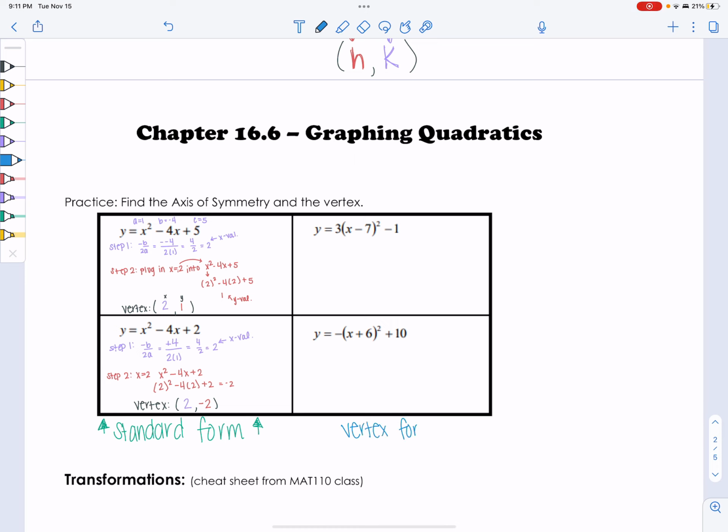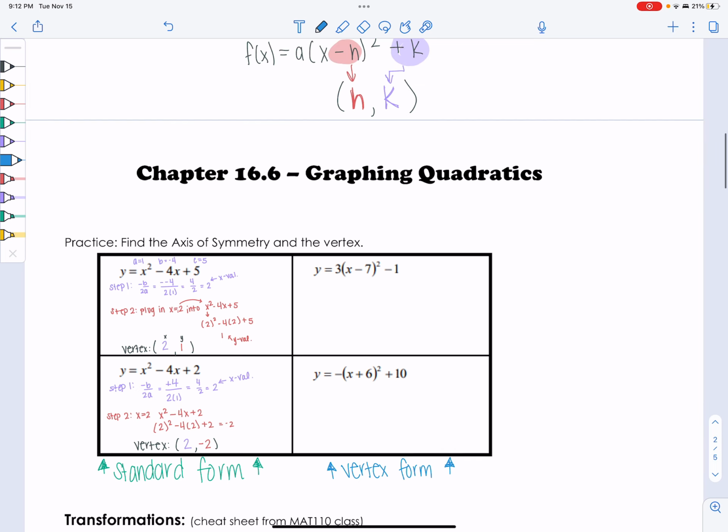And the directions still say, well, find the vertex. And don't worry about the number out front. That's A. We're going to talk about that kind of later. We alluded to it at the beginning, but I am just looking for the vertex. So there's H, and there is K. Now remember, H is going to change signs.